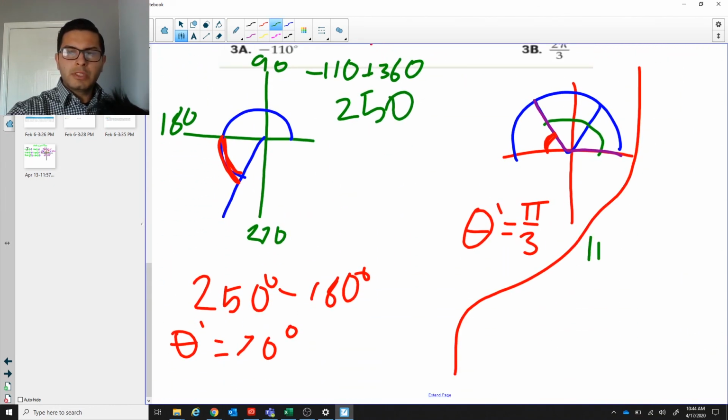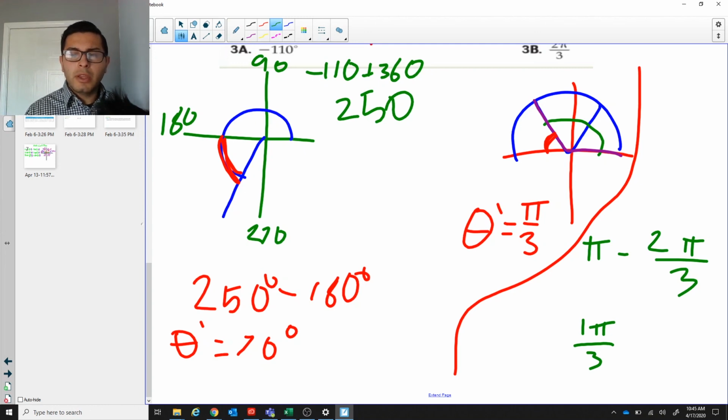So that means we would say pi minus 2 pi over 3. We would put 1 over 1 minus 2 over 3 into our calculator. We would find out that this is going to be 1 over 3, and then just pi goes on the top. So you can say 1 pi over 3, or just pi over 3.